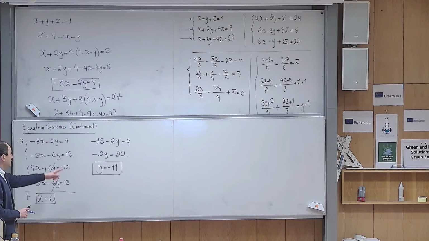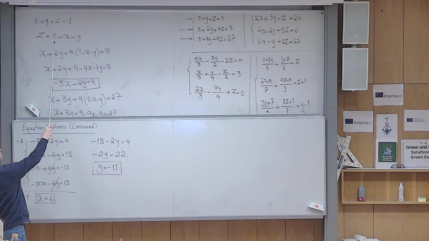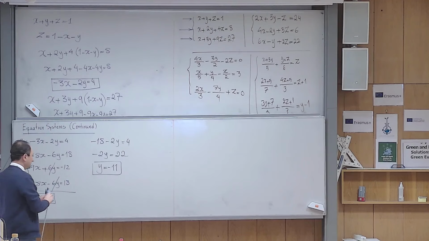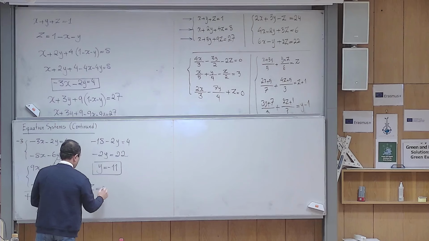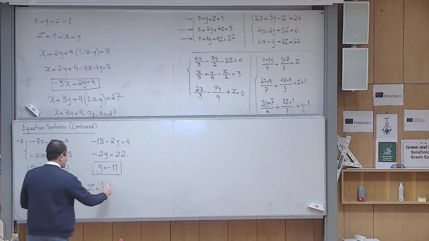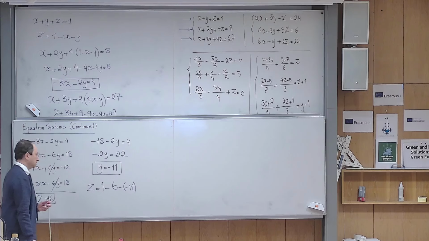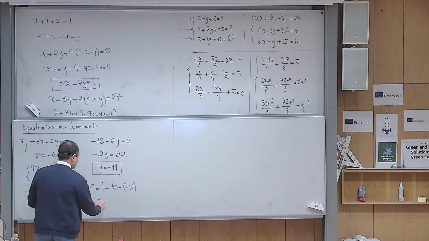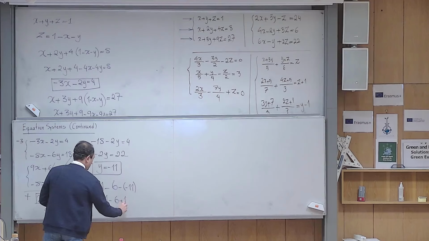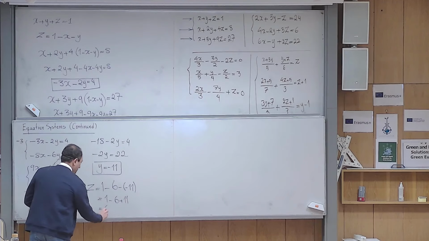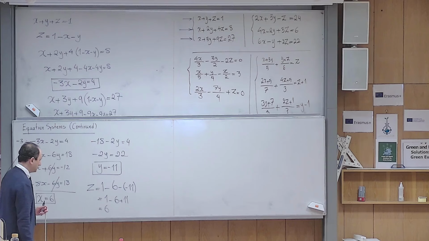So what happens now? I put it back where? In the first one, here. Okay, so z becomes, let me write it here, 1 minus x, minus 6, minus y, minus 11. So it becomes 1 minus 6 plus 11, which becomes 6.